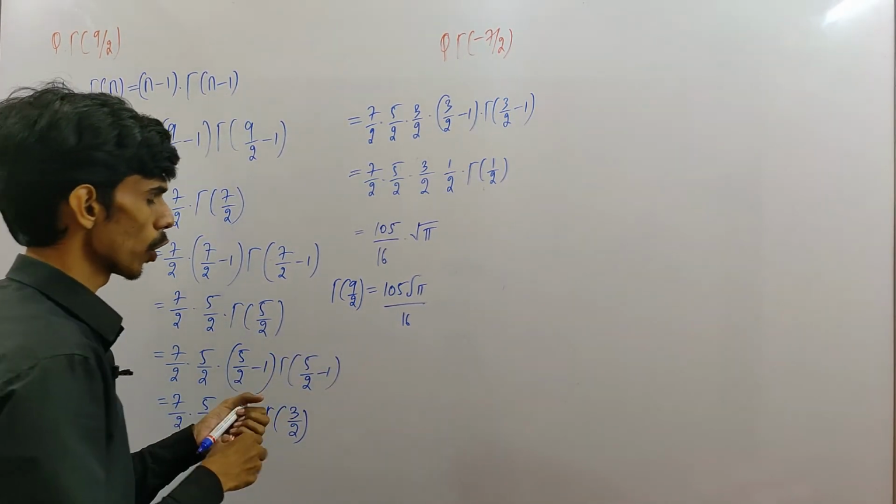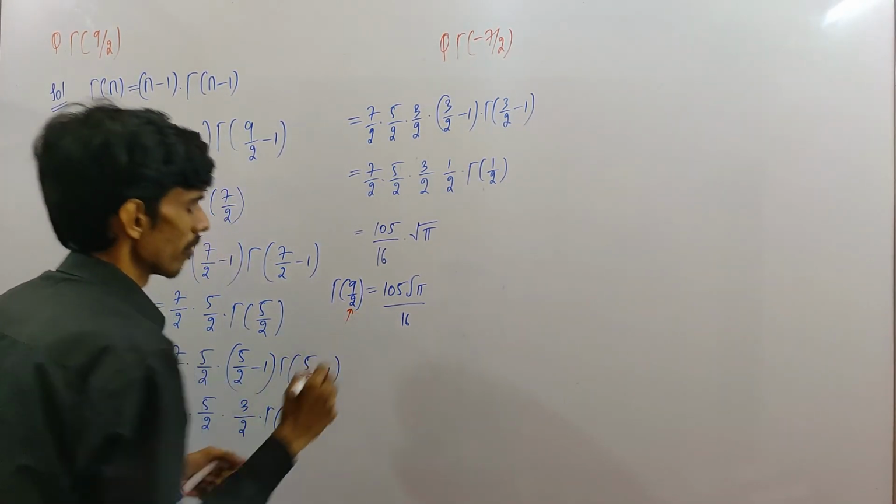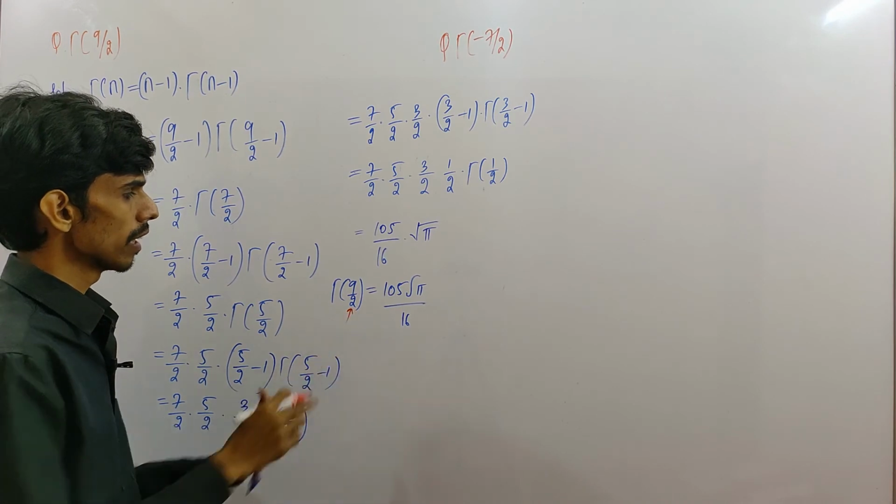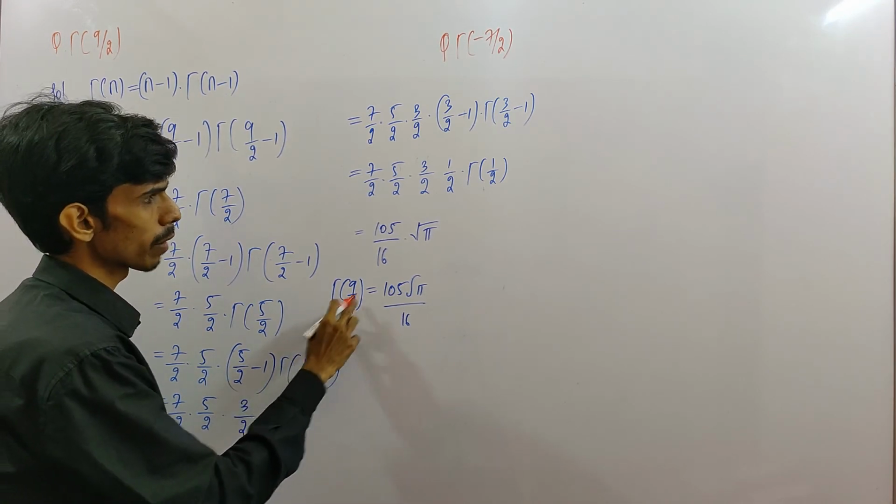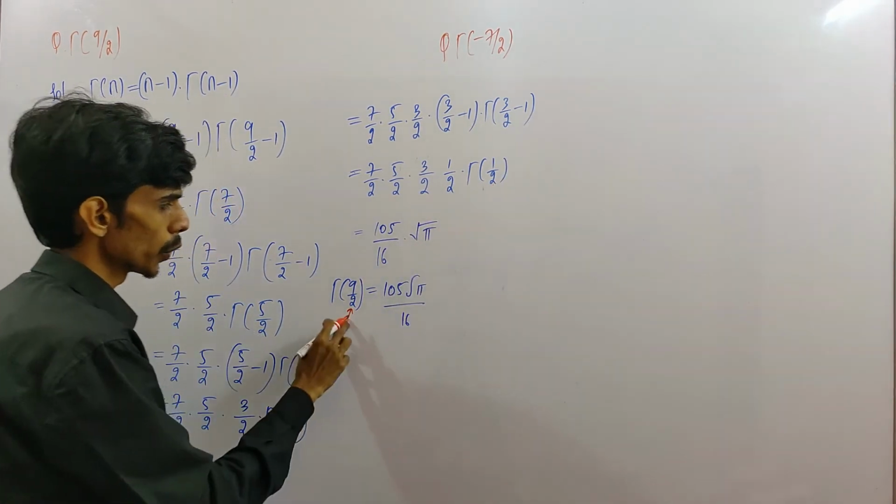Whenever we have 2 in the denominator, this gamma function will terminate at gamma of 1 by 2.